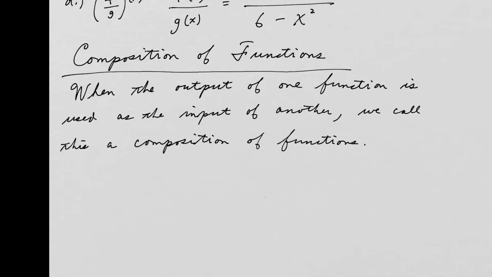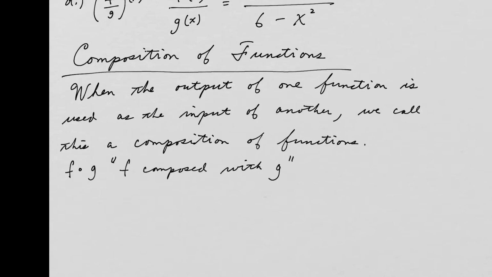And the way that we write that is with a little central circle there. So f and that little circle g, the way you read this is f composed with g.